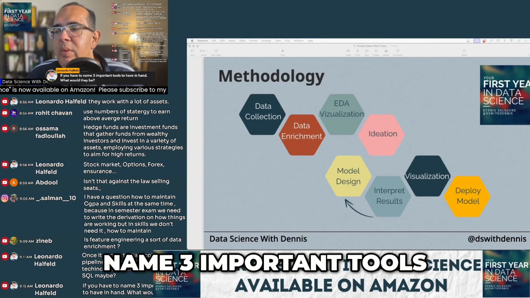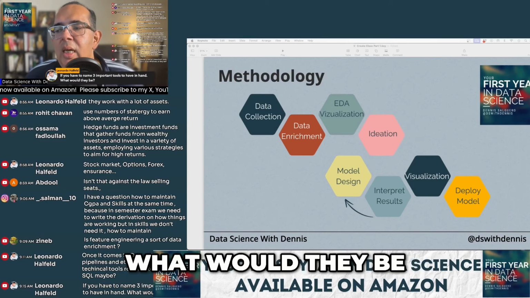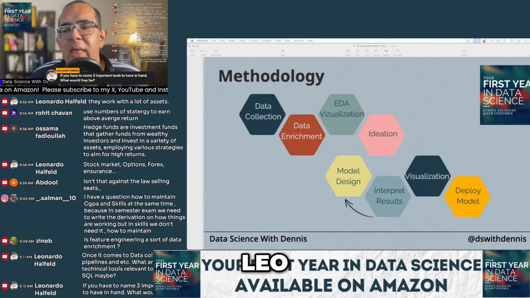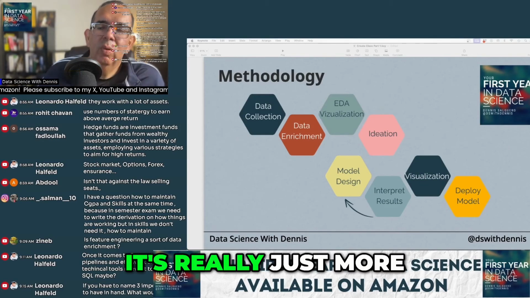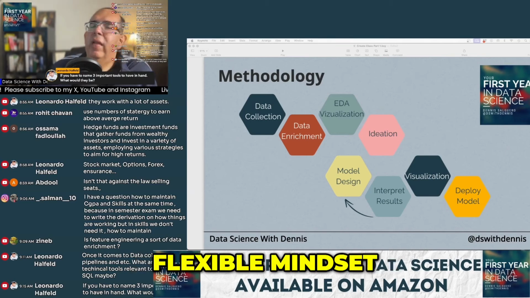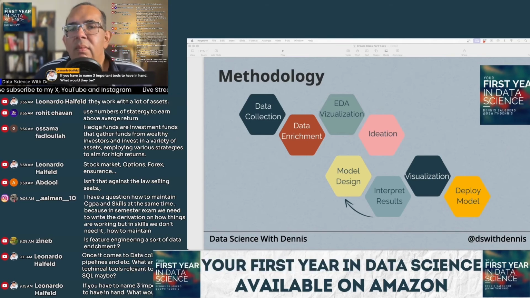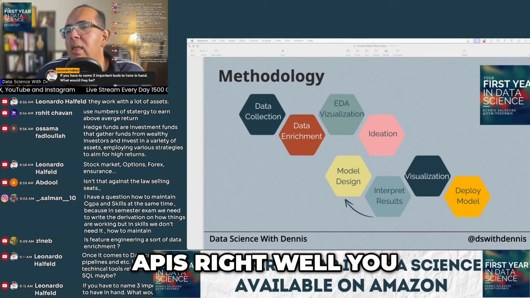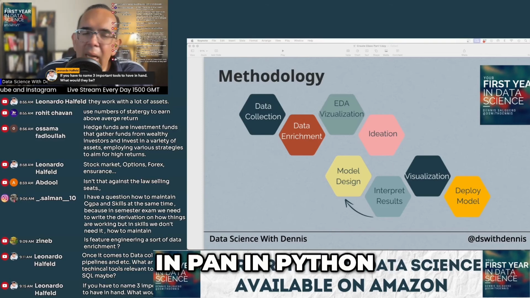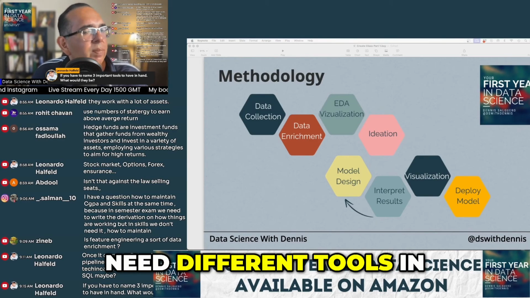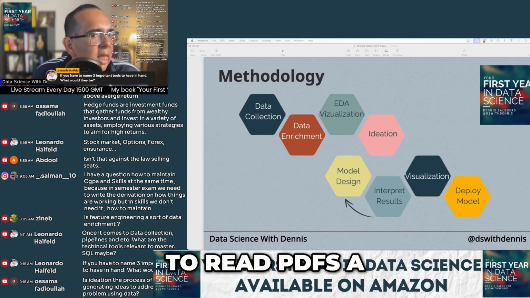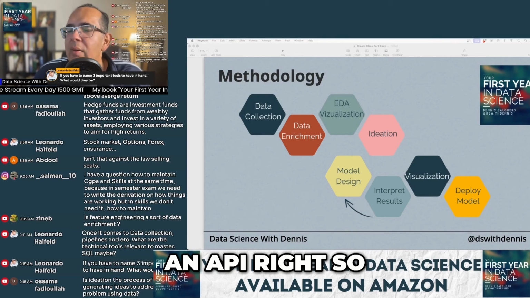If you have to name 3 important tools to have in hand, what would they be? You really can't. There's too many, Leo. It's really just more about you having a flexible mindset, right? Like, I mentioned PDFs, CSVs, and APIs, right? Well, you can do all that in Python, but you're going to need different tools in Python, and there's different ways to do that. There's a million libraries to read PDFs, a million ways to access an API, right?